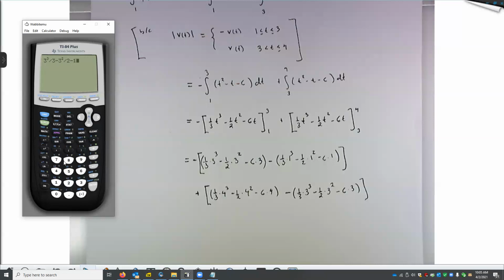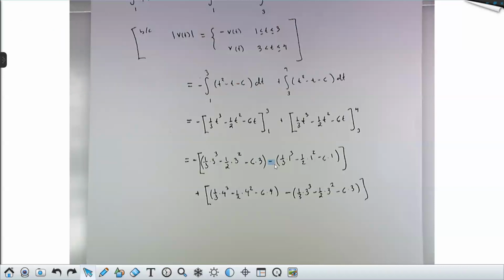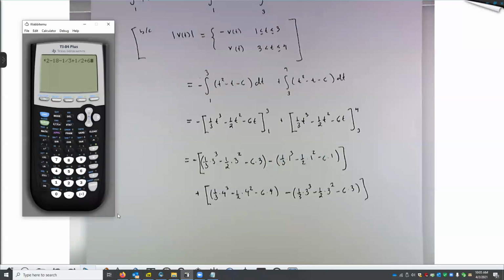Minus 18. And then we would have minus 1/3 plus 1/2 plus 6, distributing this negative. So the 1/3 is negative, the 1/2 becomes positive, the 6 becomes positive. All right, so everything in that first bracket is negative 7 1/3, or as a fraction, negative 22/3.